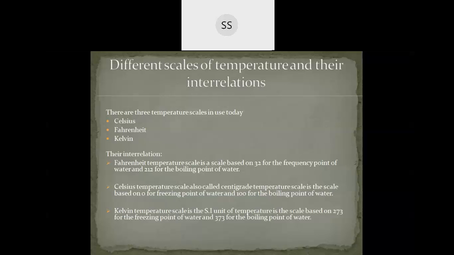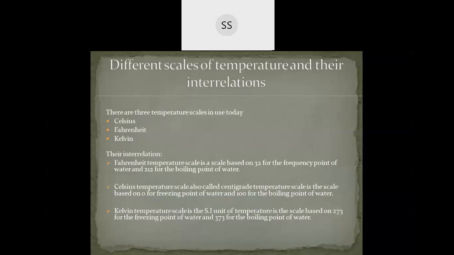Okay. So the next topic is different scales of temperature and their interrelations. Basically there are three temperature scales which we use: Celsius scale, Fahrenheit scale and Kelvin scale. In Fahrenheit scale, 32 Fahrenheit is used for the freezing point of water, and 212 Fahrenheit is used for boiling point of water.